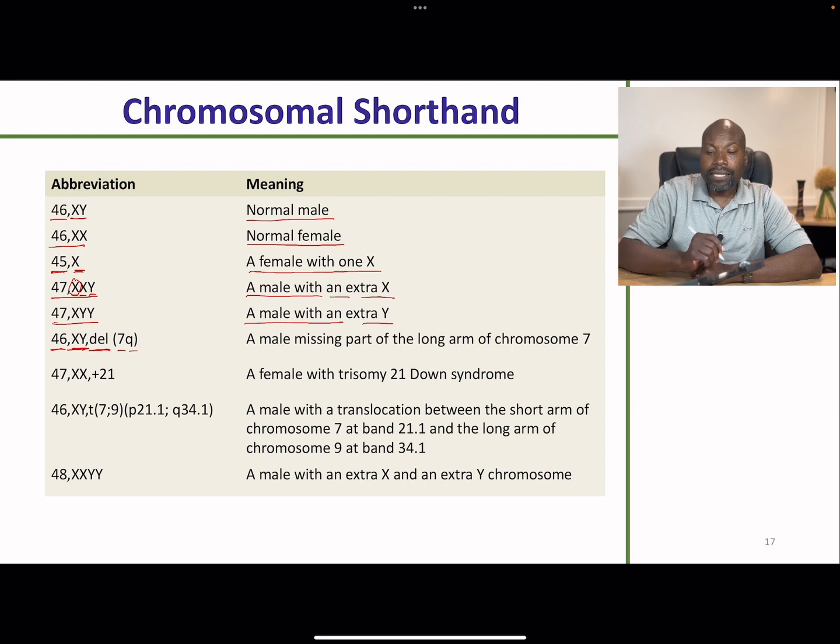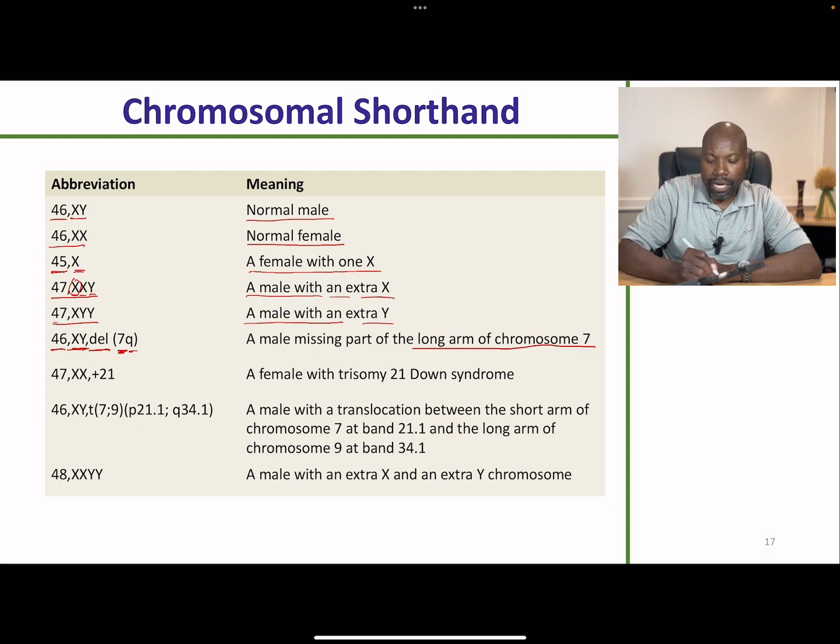Del means that there is a deletion, okay? There is a deletion on chromosome number 7, but where specifically on chromosome number 7? Q, what is Q? Is Q the short arm or the long arm? The long arm, right? Okay, so this individual has a deletion on chromosome number 7. So he's missing some genetic information, right?